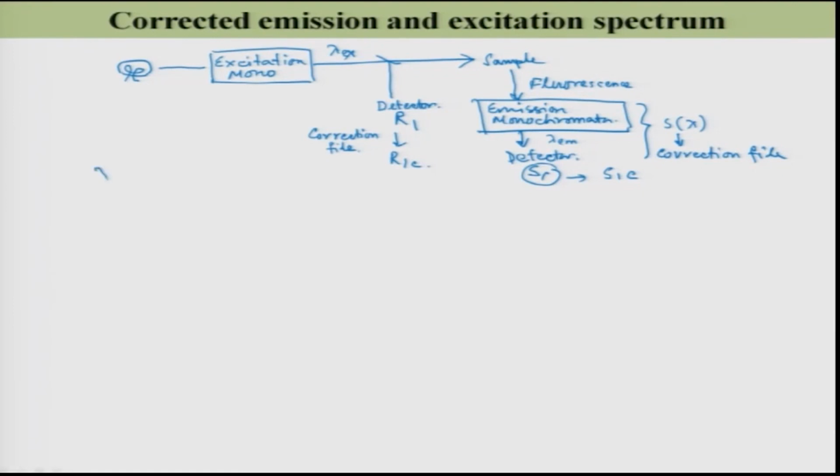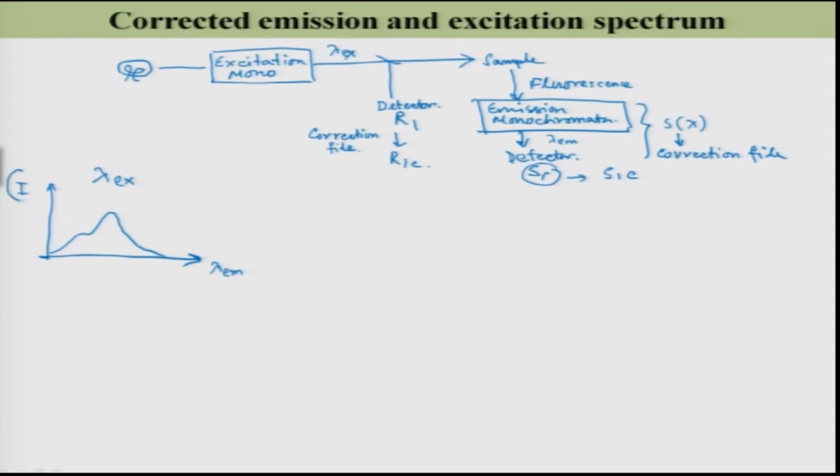Let us say this is my given value of lambda excitation, lambda Ex. If I plot intensity versus lambda emission, then whatever you get is your emission spectra.